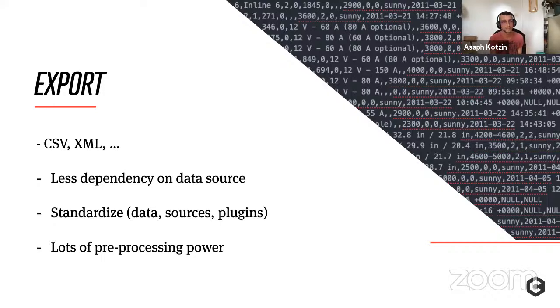If we have CSV files, we can work with functions. We can do a lot of data manipulation with VLOOKUPs of other data sources. And we can do a lot of work before it even reaches our migration script. So we export all the data to static files. We pre-process them to get them as close as we can to the actual data format that we're going to use.